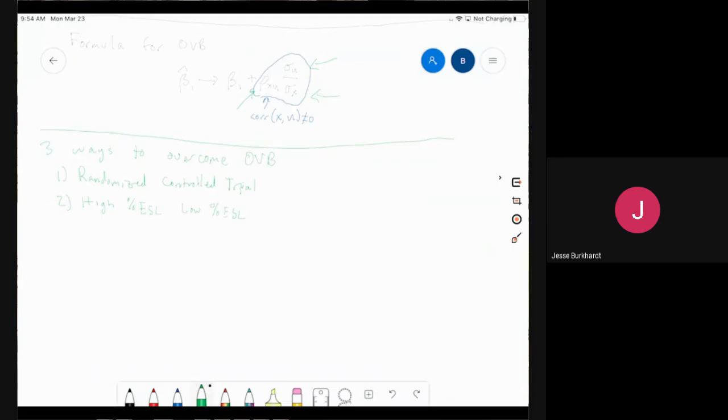So we would have 2 separate regressions on 2 data sets, and assuming percent ESL can be cut up in this meaningful way between high and low, we could remove that correlation between percent ESL and student-teacher ratios. That's not the greatest because we're cutting up our data, so we're losing statistical power.